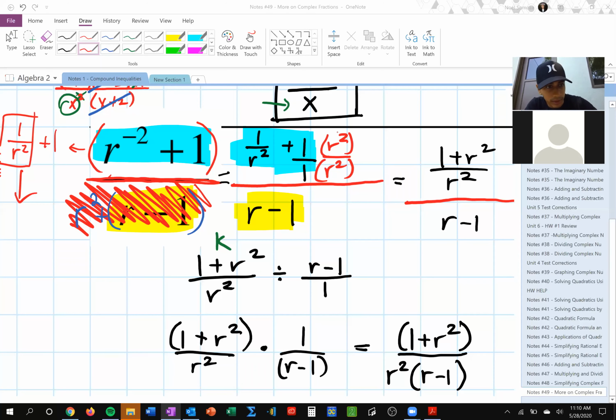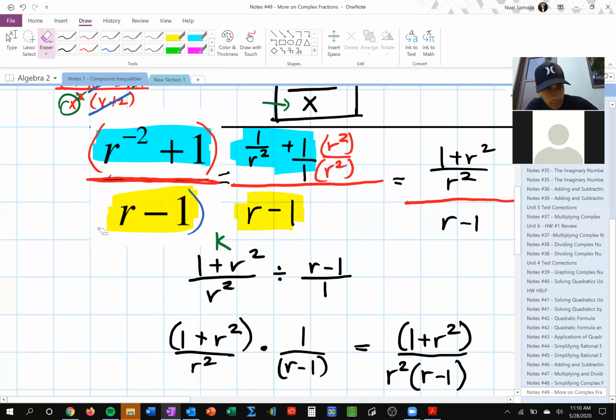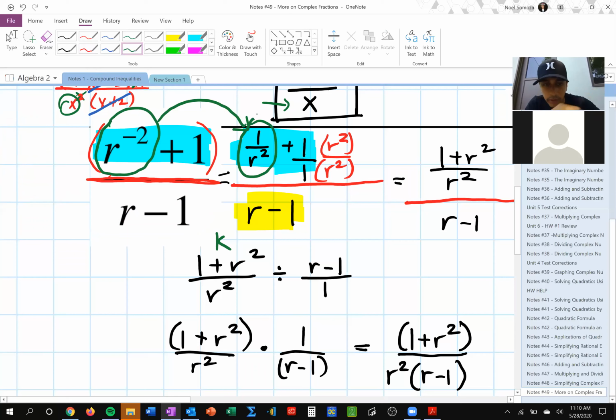All right, let me erase some of this. Okay, so we took, Kev, to answer your question, this part, r to the -2, and it became 1 over r squared.